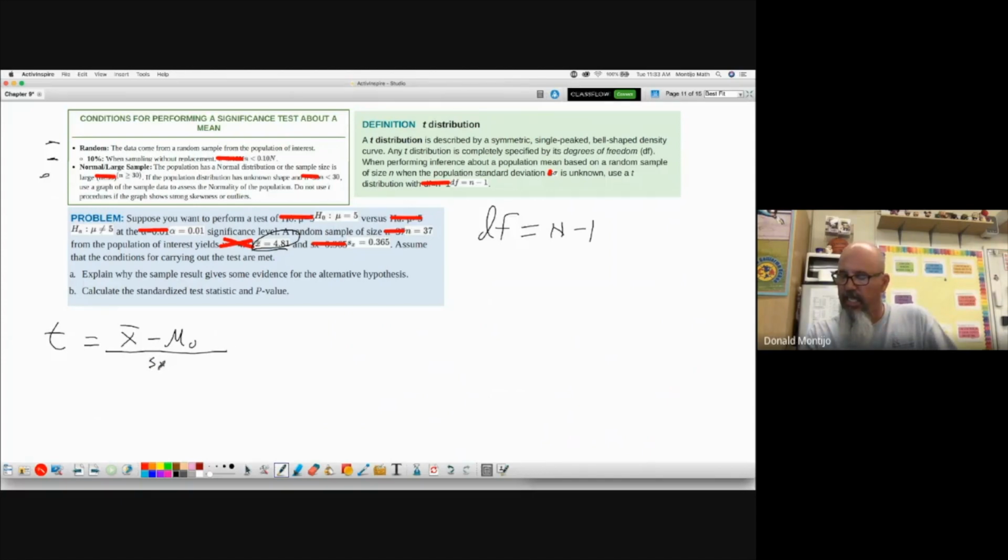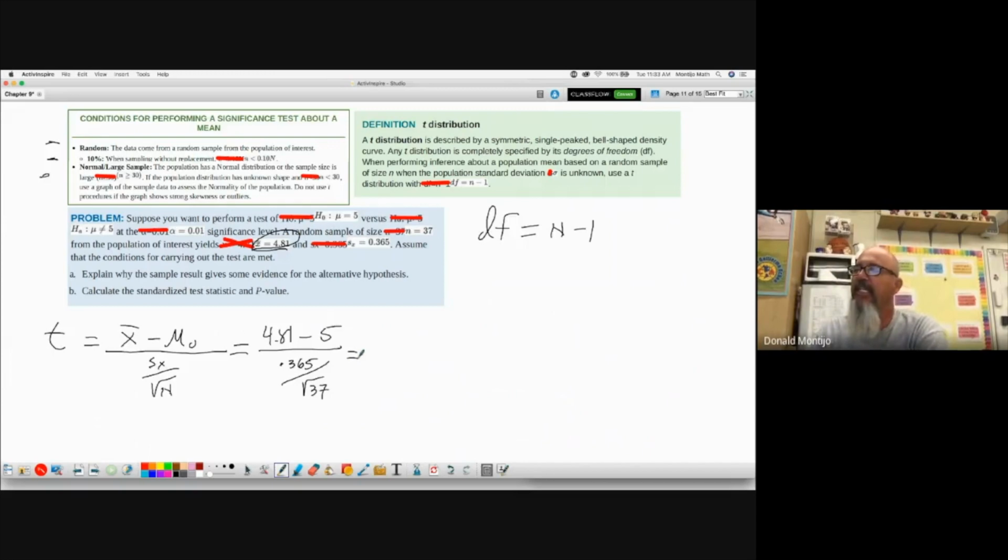Well, it's just the standard deviation divided by the square root of n, like we saw on the standard error of the confidence interval last unit. So first we're asked to calculate this. Well, what was the sample mean x bar? Oh, x bar was 4.81 minus the hypothesized mean, which was 5, divided by the standard deviation of the sample, 0.365, divided by the square root of n.